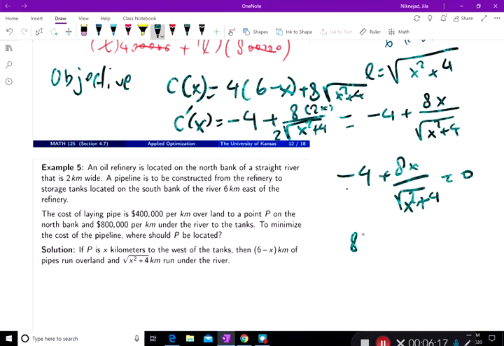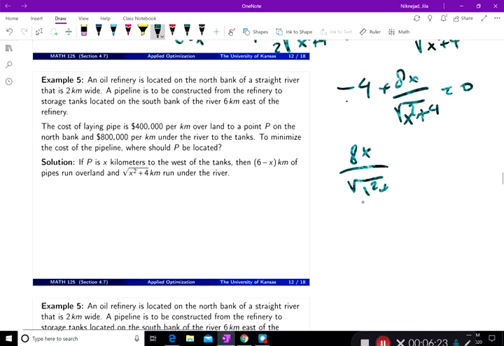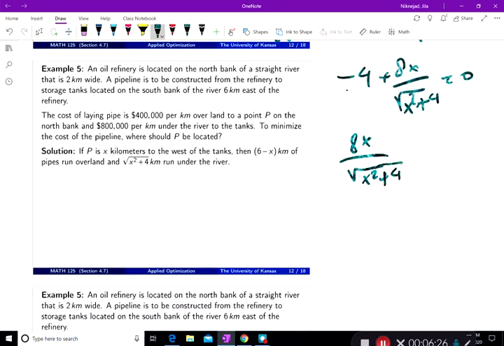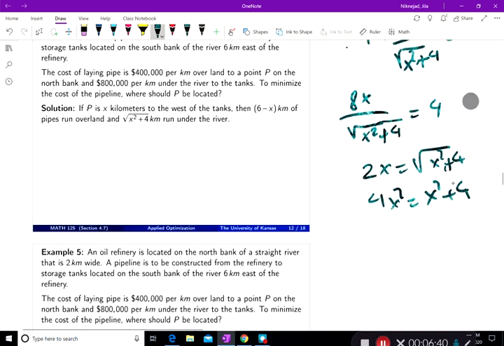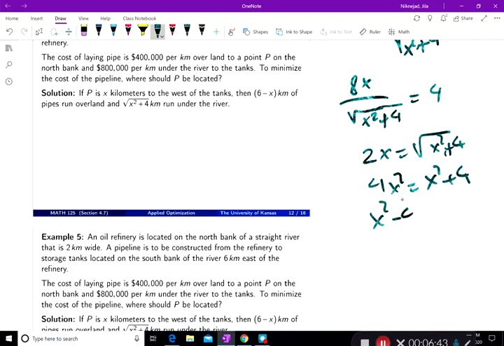That becomes 8x over the square root of x squared plus 4 equal to 4. You simplify it and get 2x equal to the square root of x squared plus 4. That is 4x squared equal to x squared plus 4, then 3x squared equal to 4, and x is going to be plus or minus 2 over the square root of 3.